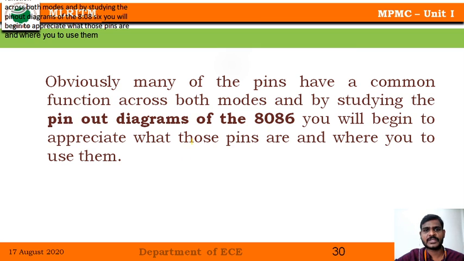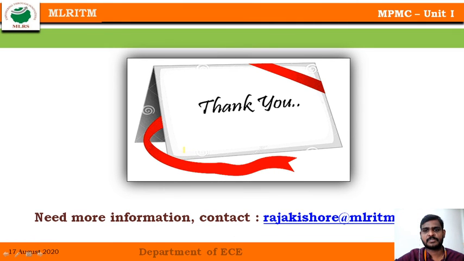In the pin configuration we also have separate pins for minimum mode and maximum mode, and some pins are common to both. So up to that, please read about the 8086 architecture and the modes of operation, and check where we can use these modes of operation.